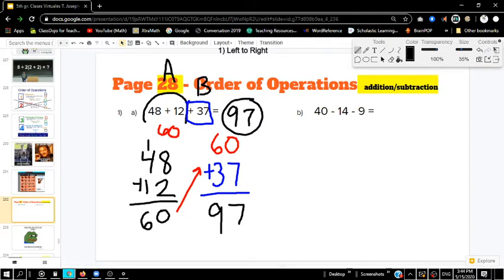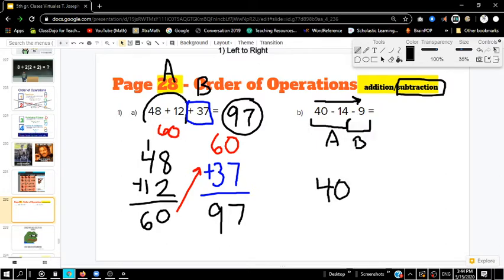This next problem is subtraction. All right, so again, we're going to start from the left and go to the right. First, we're going to do 40 minus 14, and then we are going to take our answer from that problem and do minus 9. So let's do that. 40 minus 14.